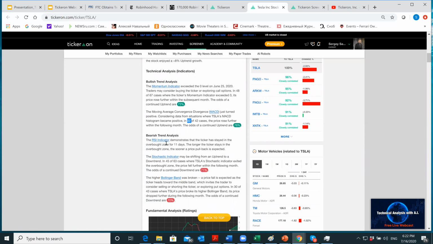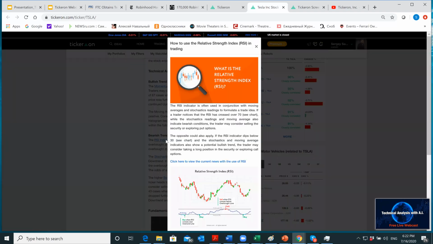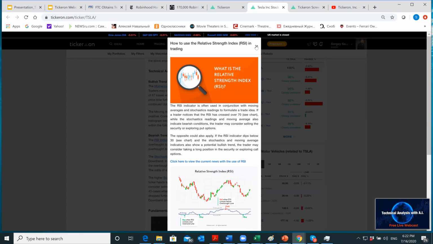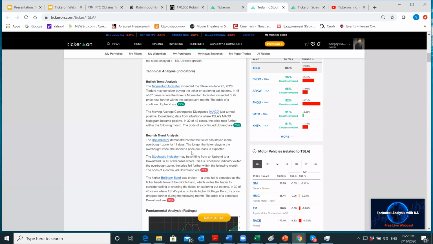So RSI indicator. Let's look at the RSI indicator. The RSI indicator works like an oscillator. If it gets to the zone here, it's oversold, here is overbought, and then when it goes down, it is a sell signal. When it goes up, it is a buy signal. If you don't know, you click here, you refresh your memory, and then you have it.